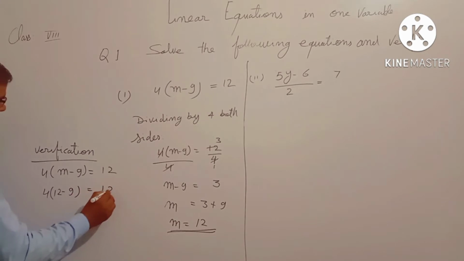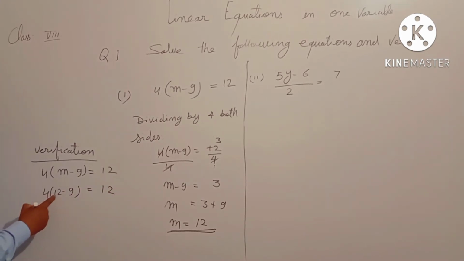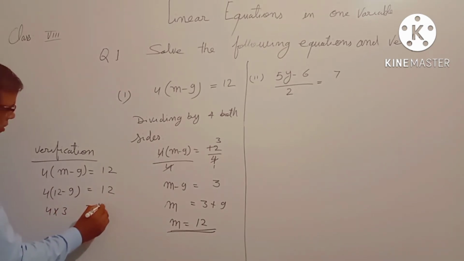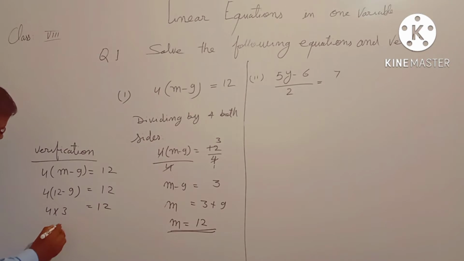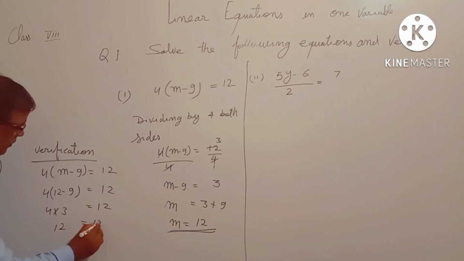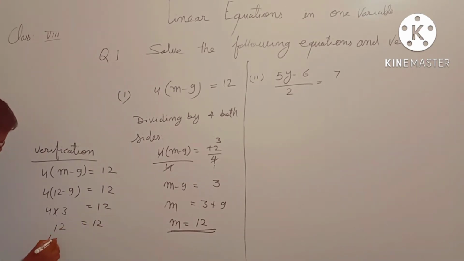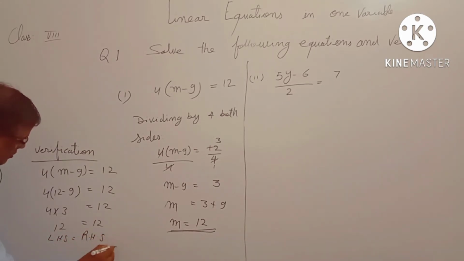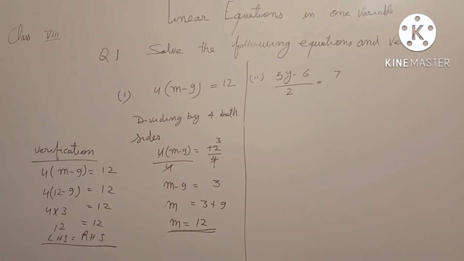Now 12 minus 9 is 3, then 4 into 3 is 12. Now we see 12 equal to 12. We can write left hand side equal to right hand side. It means our solution is correct.